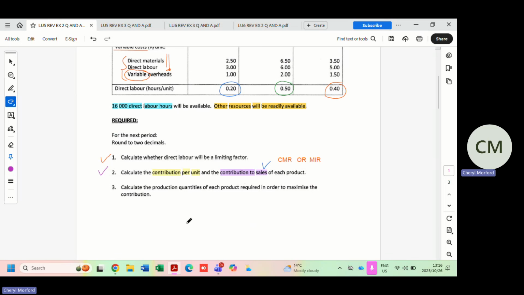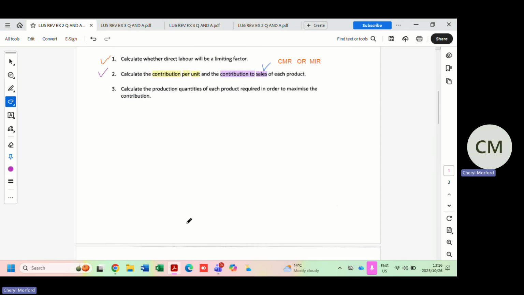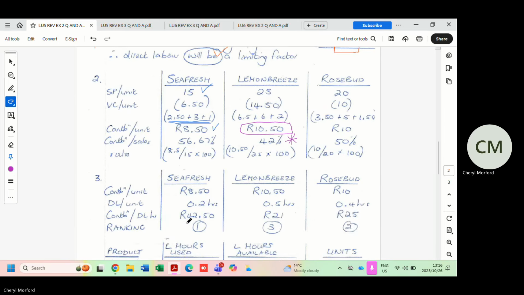So we now need to relate the contribution to how much time each product is going to use up, and that could change the profitability of each of the products. If you have a look here, purely on the basis of contribution, we will see Lemon Breeze has the highest, followed by Rosebud, and lastly, Sea Fresh.